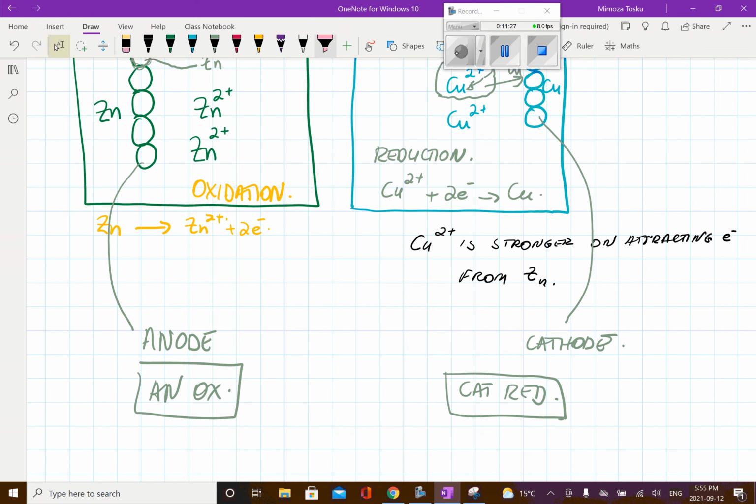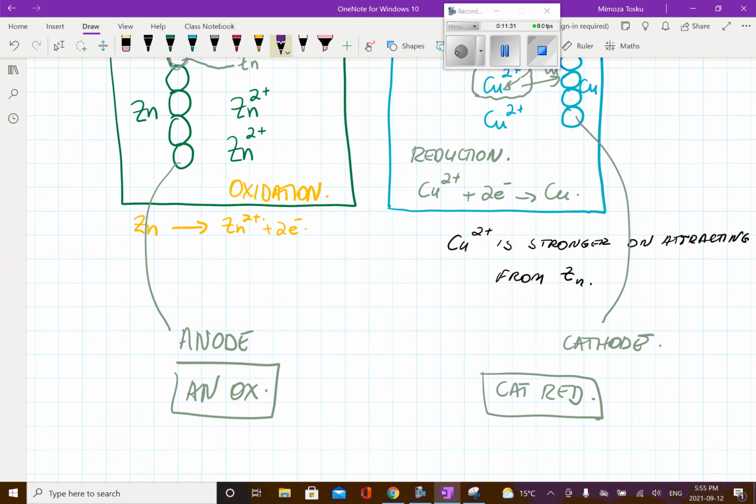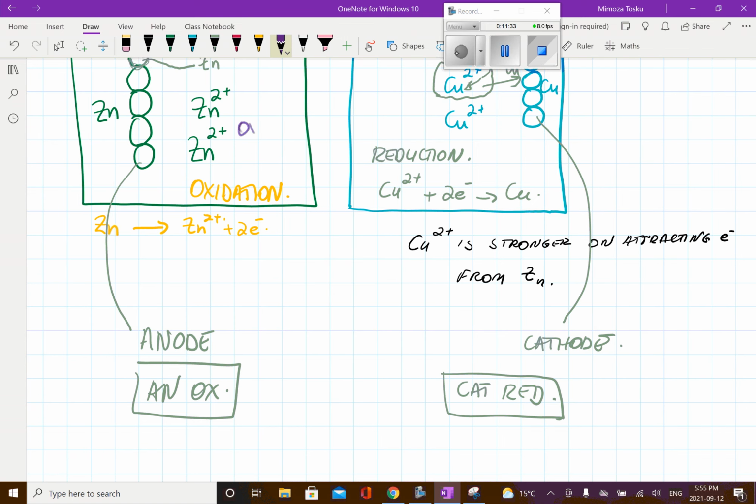Very often we call this the oxidation half cell, and this the reduction half cell.